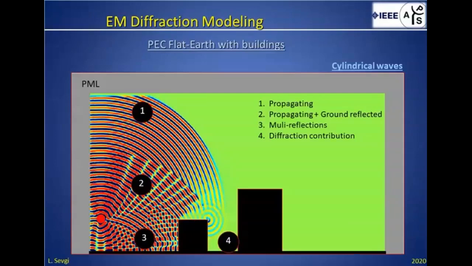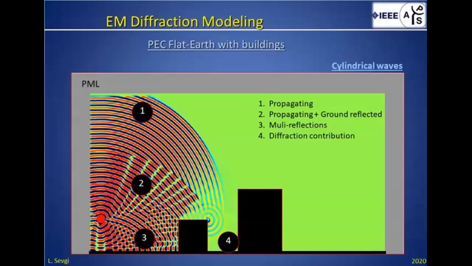And you see different wave phenomena there. One represents the propagating wave, the outgoing cylindrical wave in two-dimensional space. Two, in region 2, you see the interference of the propagating and ground reflected waves. So there is the interference.